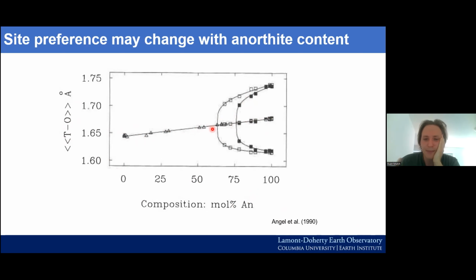And so what potentially might be happening is we have a significant change in the size of tetrahedral sites, as well as M sites, that means that maybe magnesium may prefer to sit in, say, the T site at higher anorthite contents, whereas it prefers to sit in the M sites maybe at lower anorthite contents. Obviously, a lot more work needs to be done exploring this effect, but this is maybe possibly one explanation. Maybe a change in site size changes the preference in which magnesium goes to.